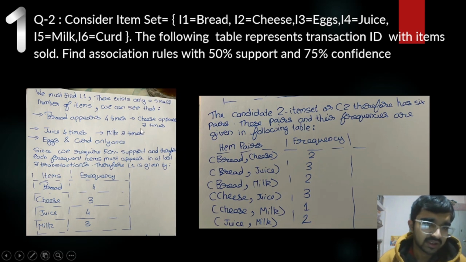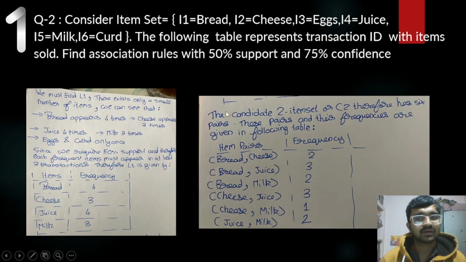First we will create the table of frequency of one item: the items bread, cheese, juice and milk appear 4 times, 3 times, 4 times and 3 times. So in this way we have created a table of one-item frequency.